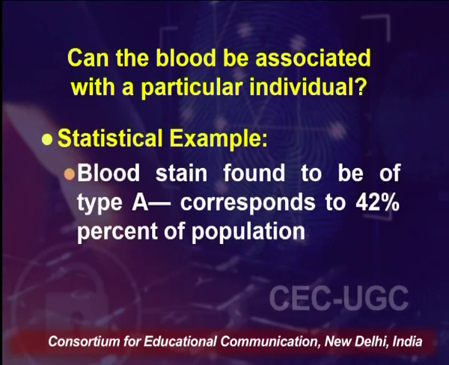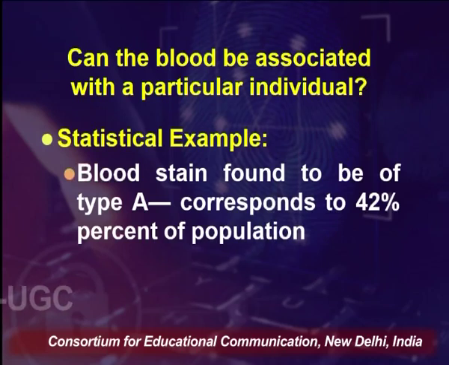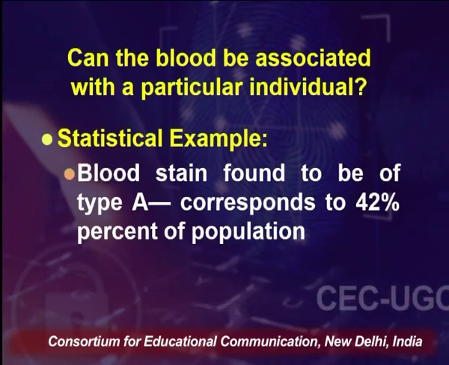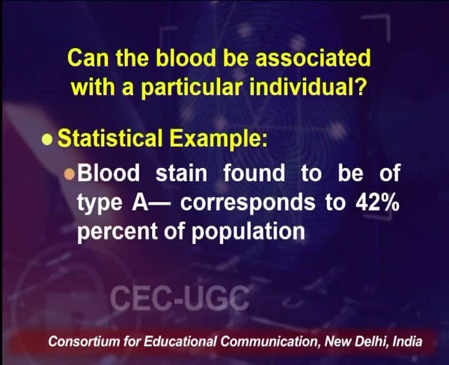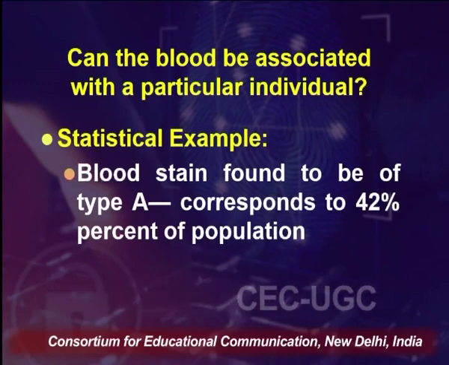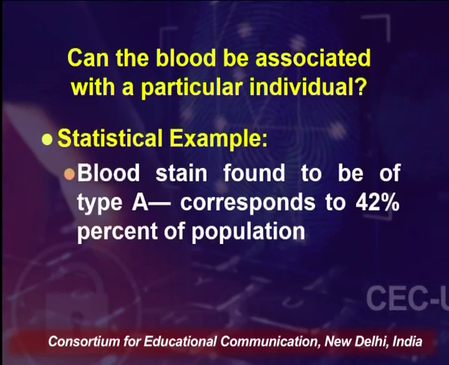For example, we have done the ABO blood grouping, and found that the blood stain found at the crime scene is type A. It belongs to a person who has an A blood group, which is 42% of the population, and we have already eliminated 58% of the population.